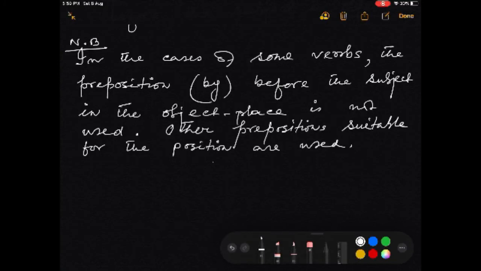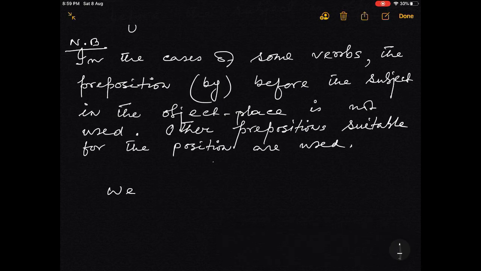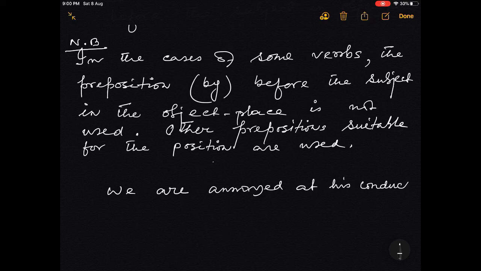I'll take the example here, later I may forget, that we are annoyed at his conduct.